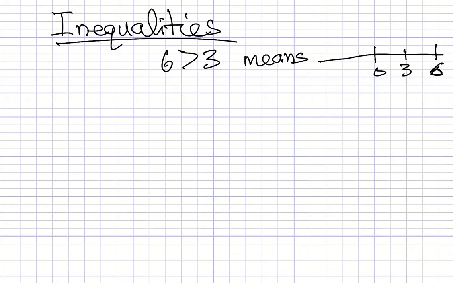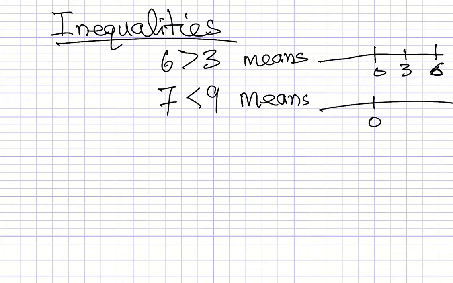So 6 is on the right of 3 in the number system. And then I said 7 is less than 9 can be represented with 0 here; if 7 is here and 9 is here, it means that 7 is on the left of 9. It's less than 9.